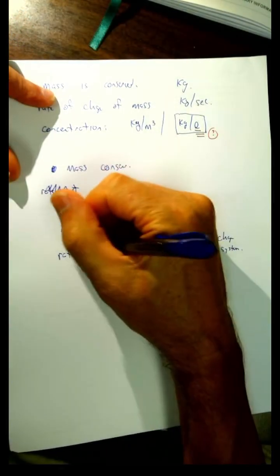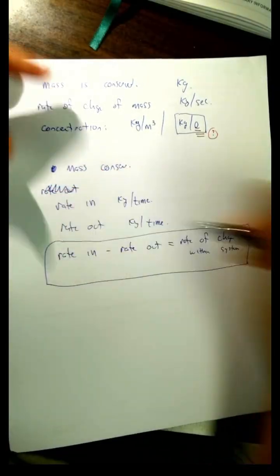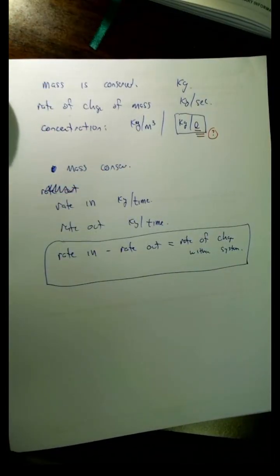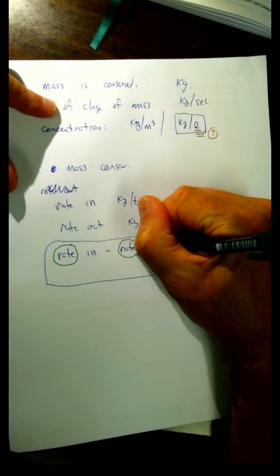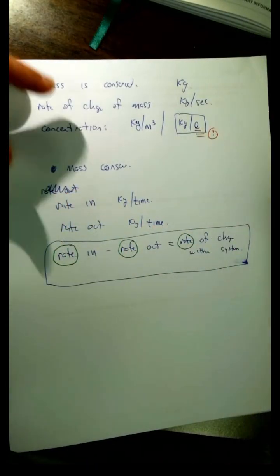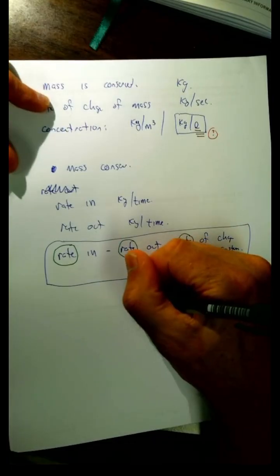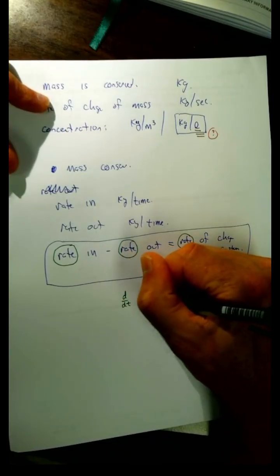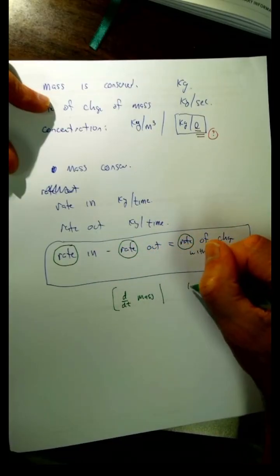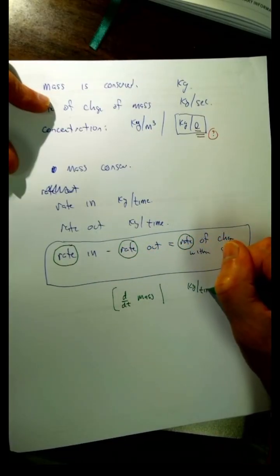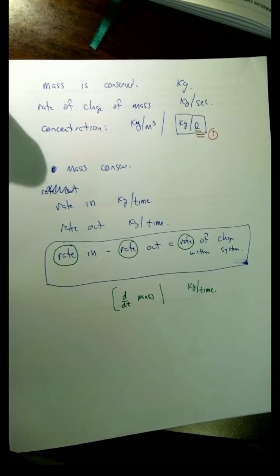Okay, so this, when we say conservation of mass, is what we mean. And it's really important that we understand what rate is. This is going to be the derivative of the mass, and the units are going to be kilograms per time. Okay.